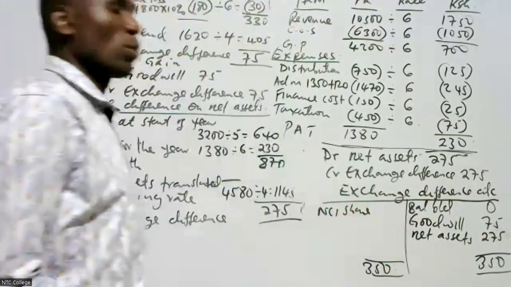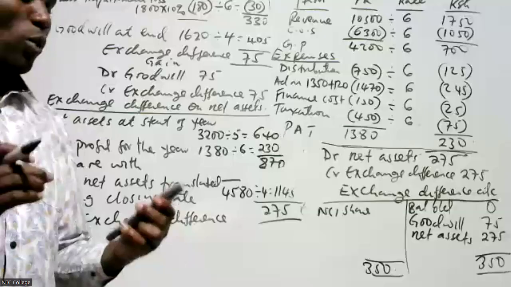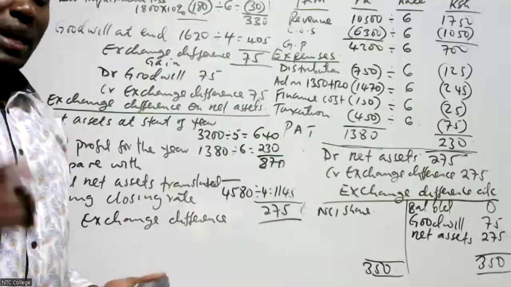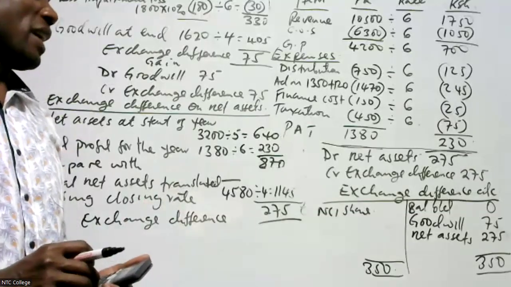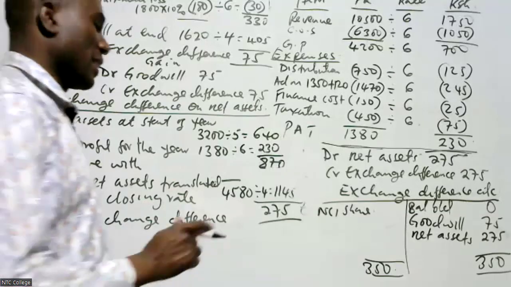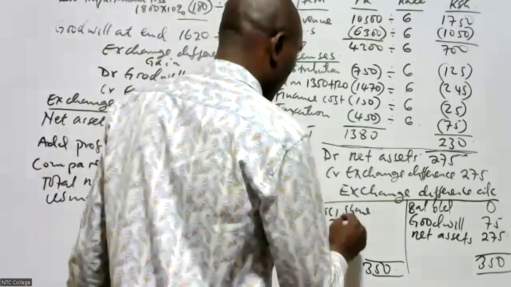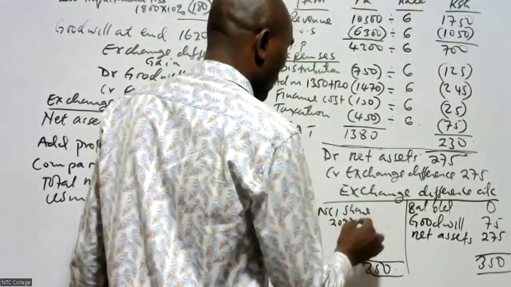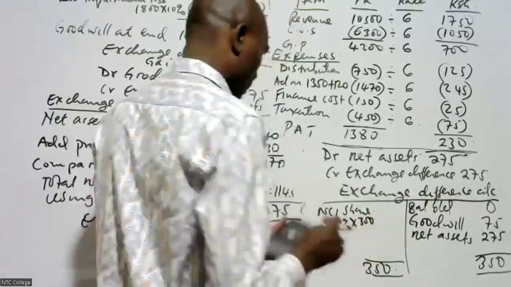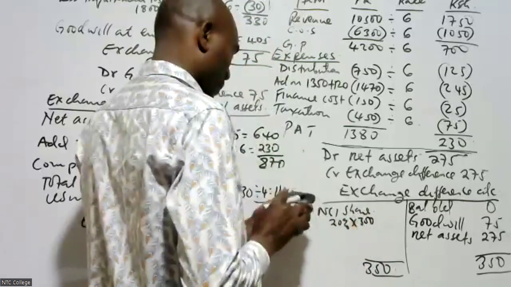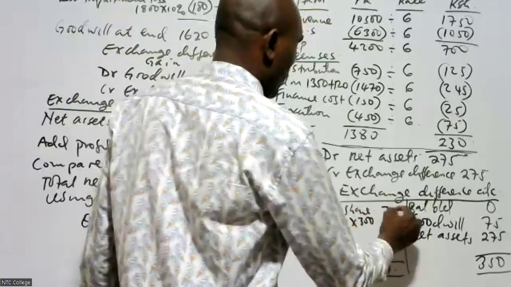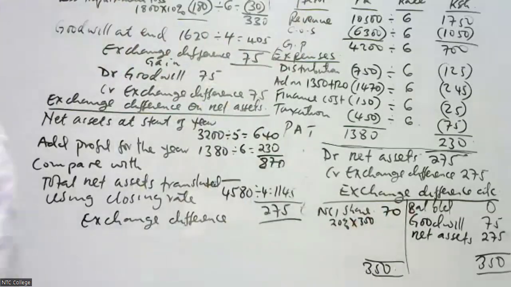Remember, net assets includes also the NCI. What was our NCI? We acquired 80%, therefore NCI is 20%. Therefore, it will be 20% times 350. NCI share is 70.